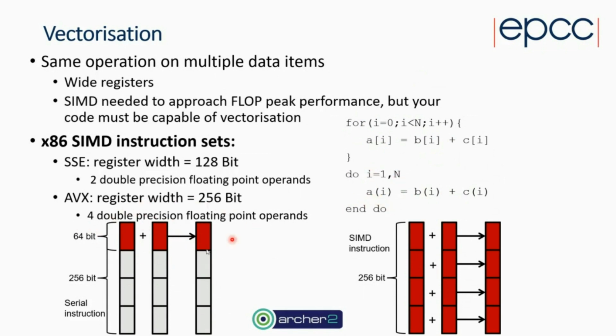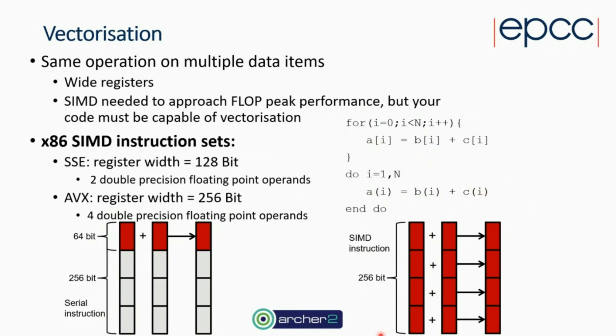If we did this normally without vectorization, we'd do B plus C equals A of element 0, and then element 1, and then element 2, and then element 3. Vectorization does the same thing, but instead of doing element 0, then 1, then 2, then 3, you do elements 0, 1, 2, and 3 together in a single instruction.